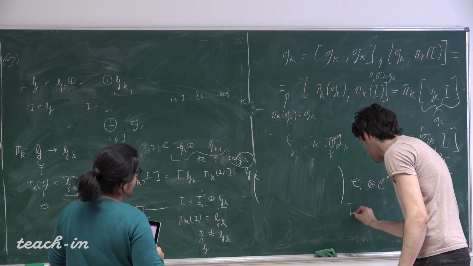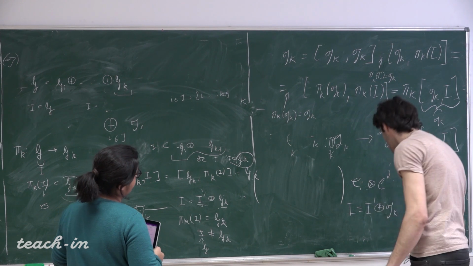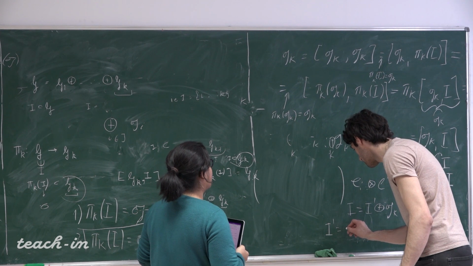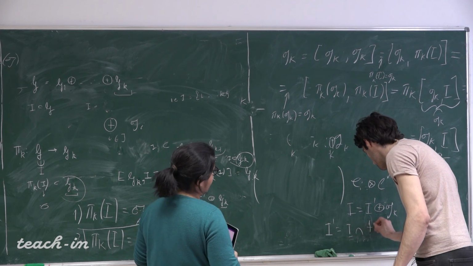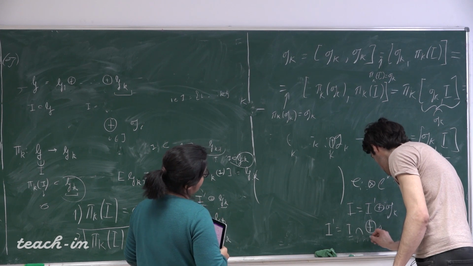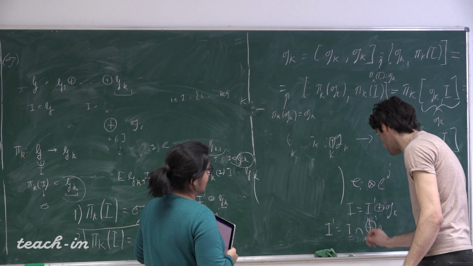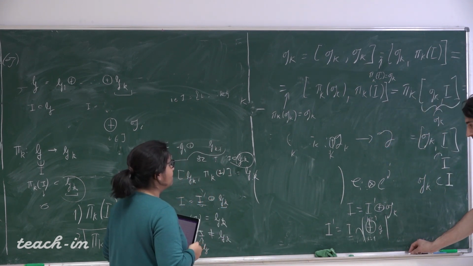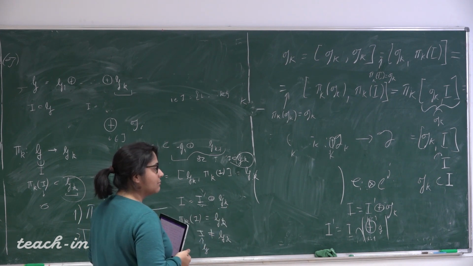And therefore it means that I is I prime plus gk, where I prime is actually an intersection of I and g_i for i from 1 to k minus 1. Inductively we can do the same for k minus 1.